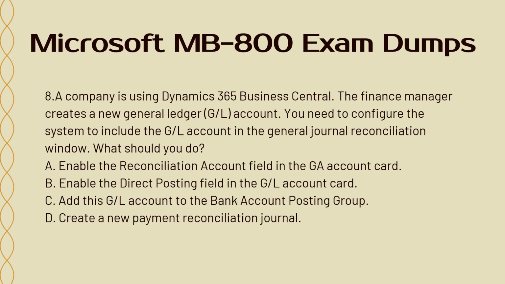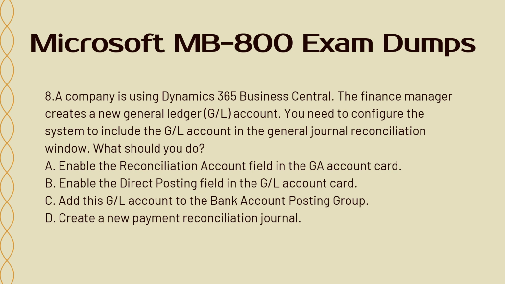8. A company is using Dynamics 365 Business Central. The finance manager creates a new general ledger (GL) account. You need to configure the system to include the GL account in the General Journal reconciliation window. What should you do?